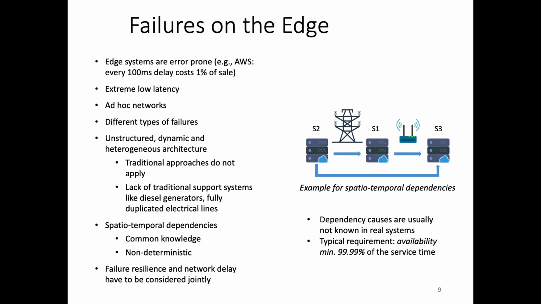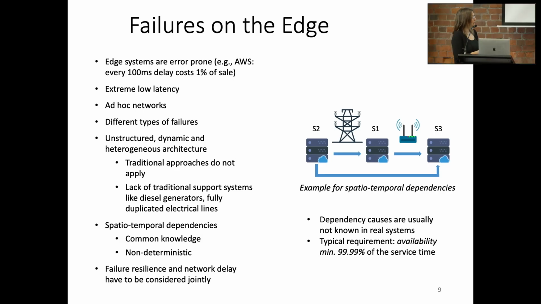And I have to tell you that such dependencies are not known in real systems. We don't know them. They are not written anywhere. So the question is, how do we deal with that?